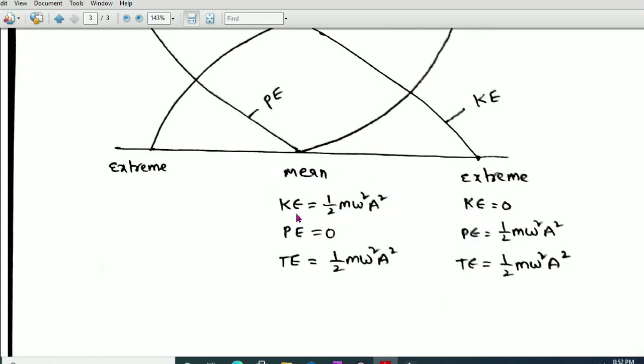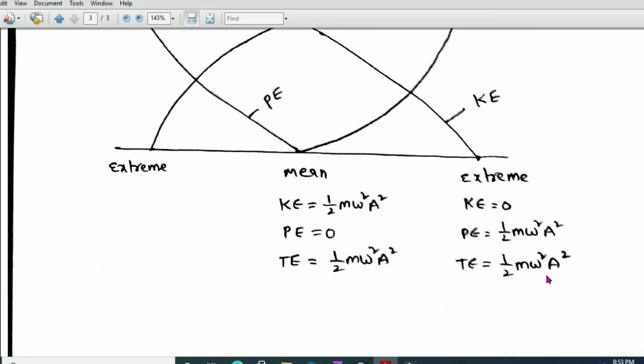Here kinetic energy is maximum, here potential energy is maximum, but the maximum values are the same, half m omega square A square. At the extreme position also the total energy is equal to half m omega square A square. That means total energy is constant.